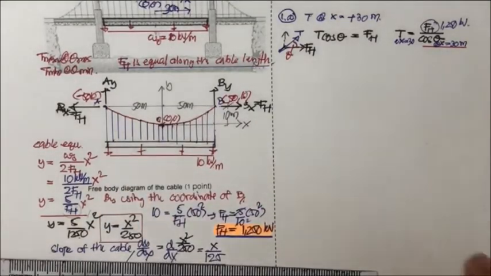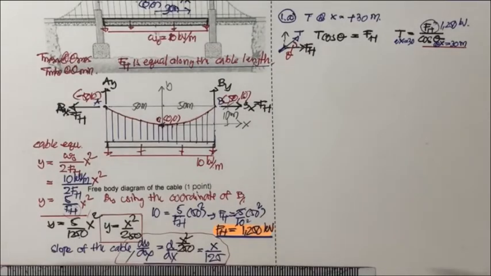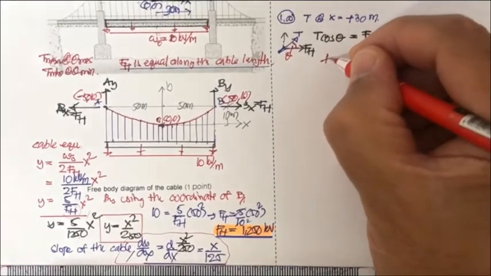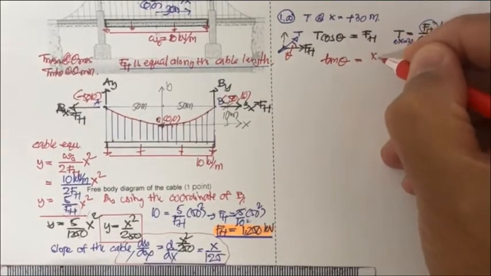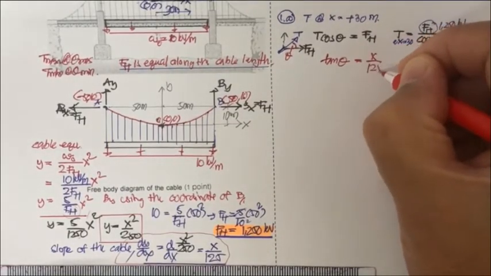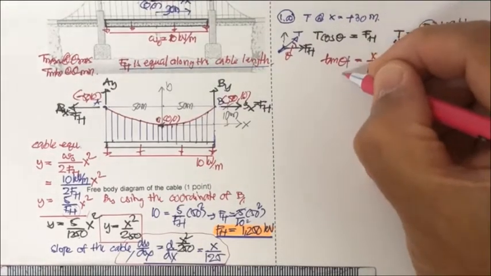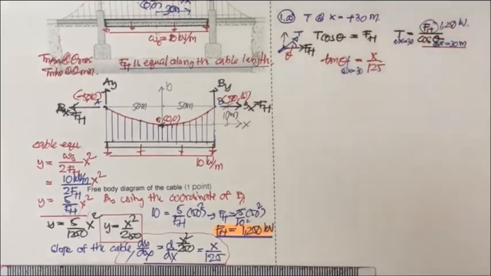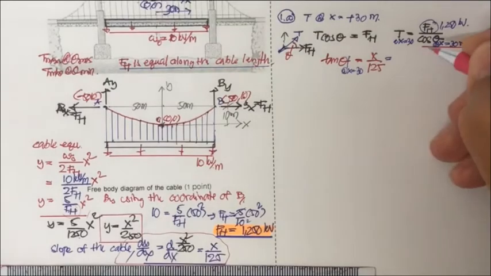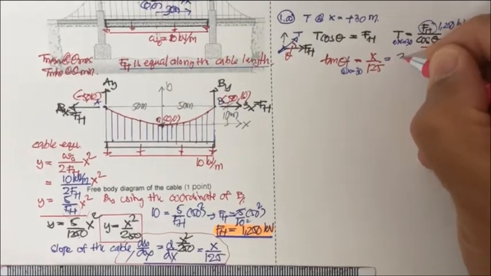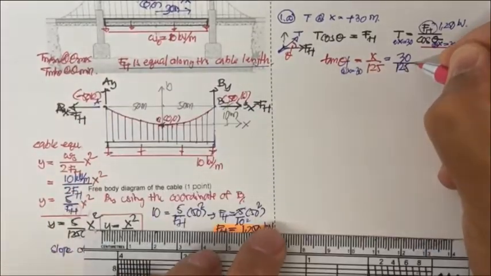By using this slope equation, we may say that tan theta is equal to x divided by 125. If you are looking for the theta at x equal to 30, tan theta at x equal to 30 is 30 divided by 125.